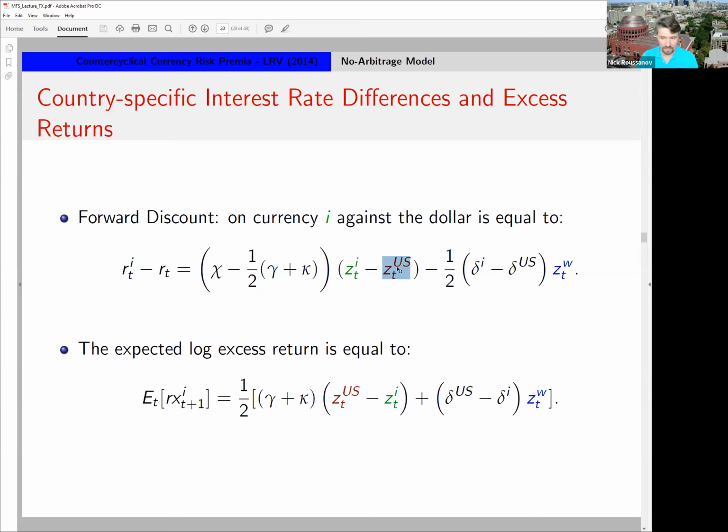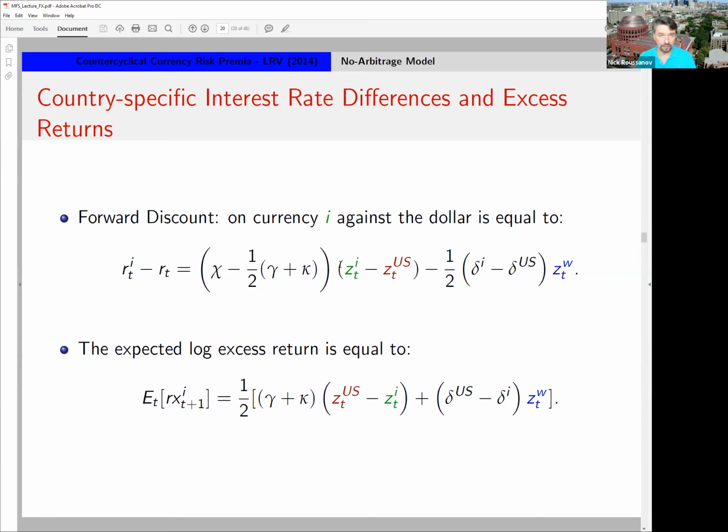And again, if the U.S. was the average, quote-unquote, country in terms of its exposures, and we'll see why that's important, then the second term would cancel out, and we really would just have the difference between the U.S. business cycle and the other countries' average state of the business cycle entering into the average forward discount.